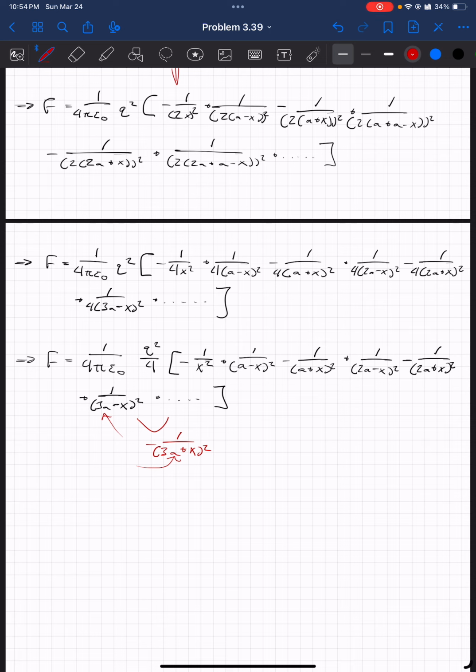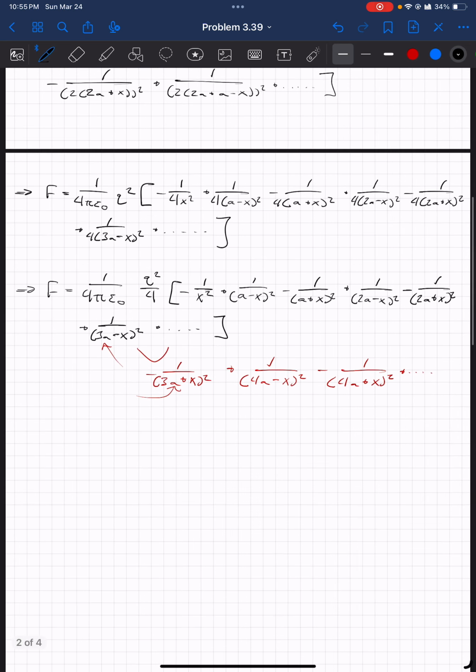And this continues on for 1 over 4a minus x squared, and then it swaps to negative, as this is the counter side from symmetry, 4a plus x squared, so on and so forth. And this is really the beauty of the principle of superposition in this problem. Now we could leave this force as it is, or we could separate it.